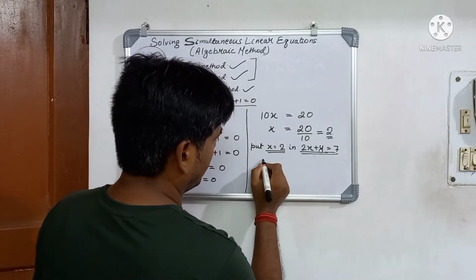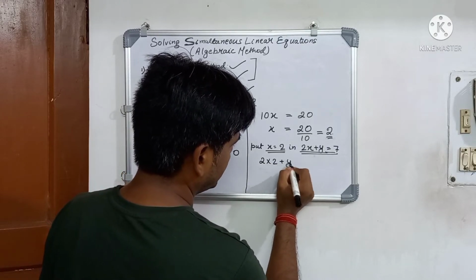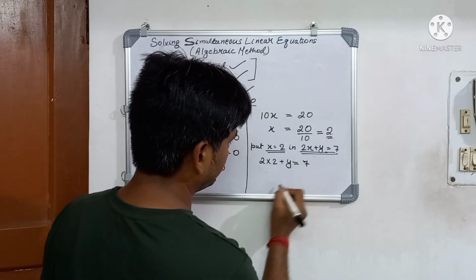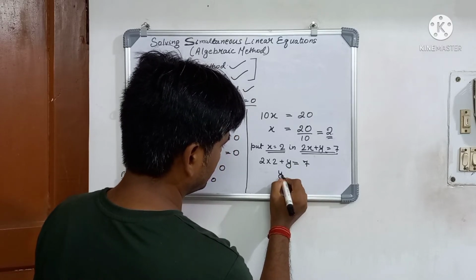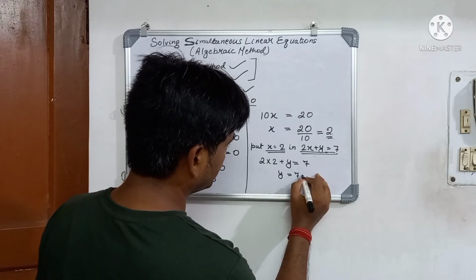Now 2 multiplied by 2 plus y is equal to 7. So y will be equal to 7 minus 2 multiplied by 2, that is 4. Since we have a positive sign, when we change the side of the equality it gets converted to a minus sign.